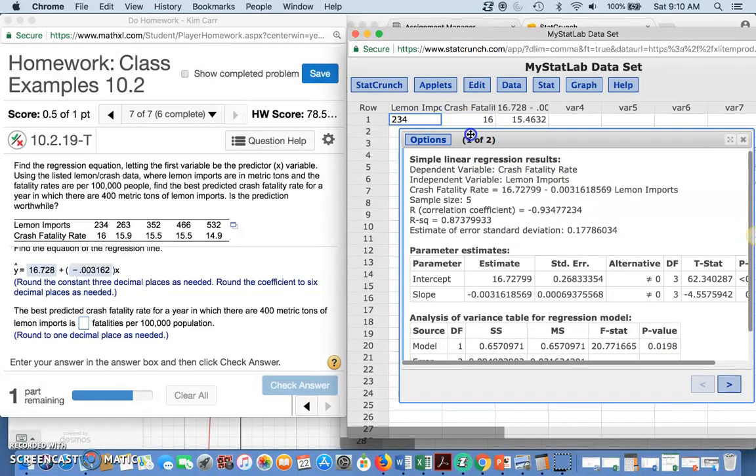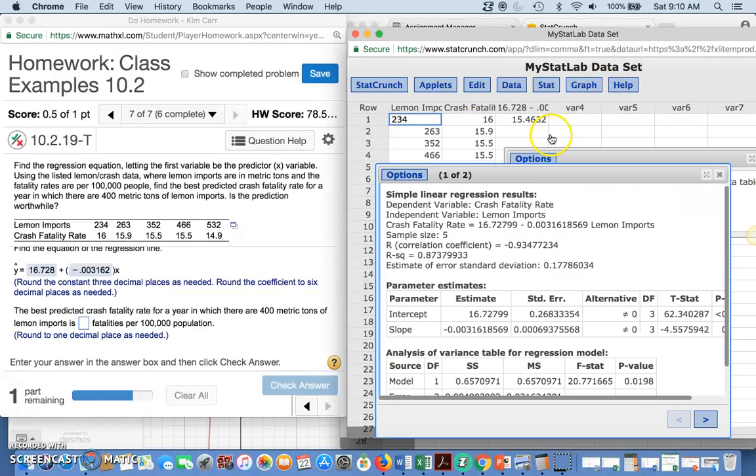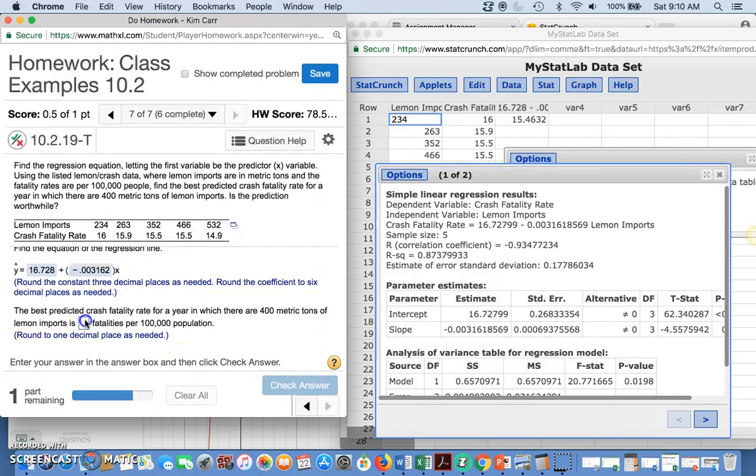And they add it to the data table up here. I want 1 decimal place, so it would be 15.5.